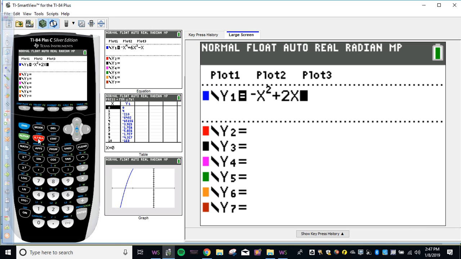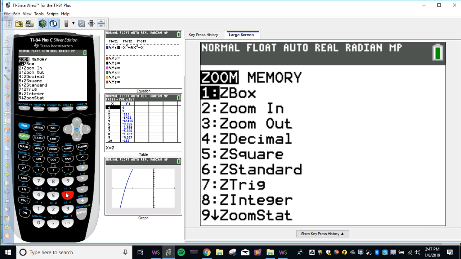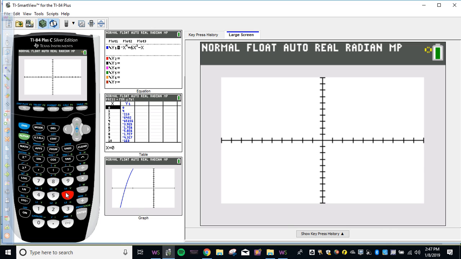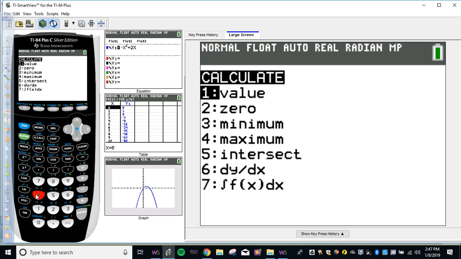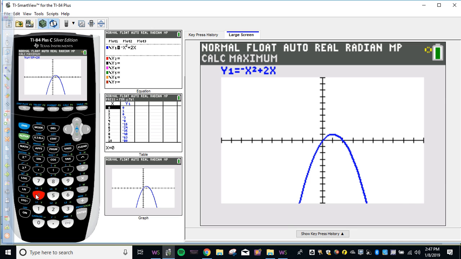But so we're going to hit zoom 6 to a regular window. We're going to get that maximum, so second trace number 4 to get the maximum, and you should get 1, 1 when you get this maximum, okay? So second trace max, guess, enter once more, 1, 1.